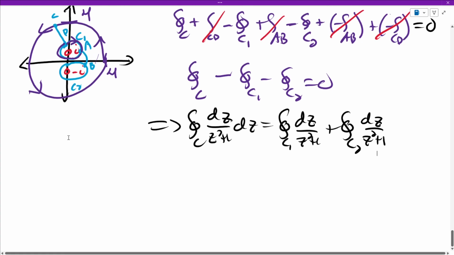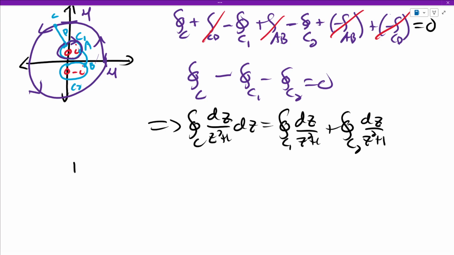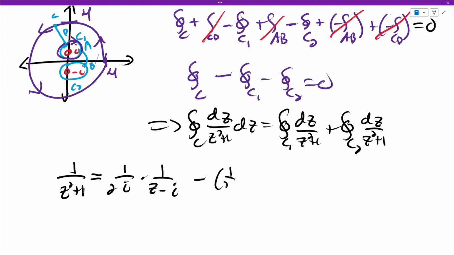So let's do it. Let's also notice that 1 over z squared plus 1 with partial fractions becomes 1 over 2i times 1 over z minus i, and then minus 1 over 2i times 1 over z plus i. Okay, so that's the partial fractions decomposition.